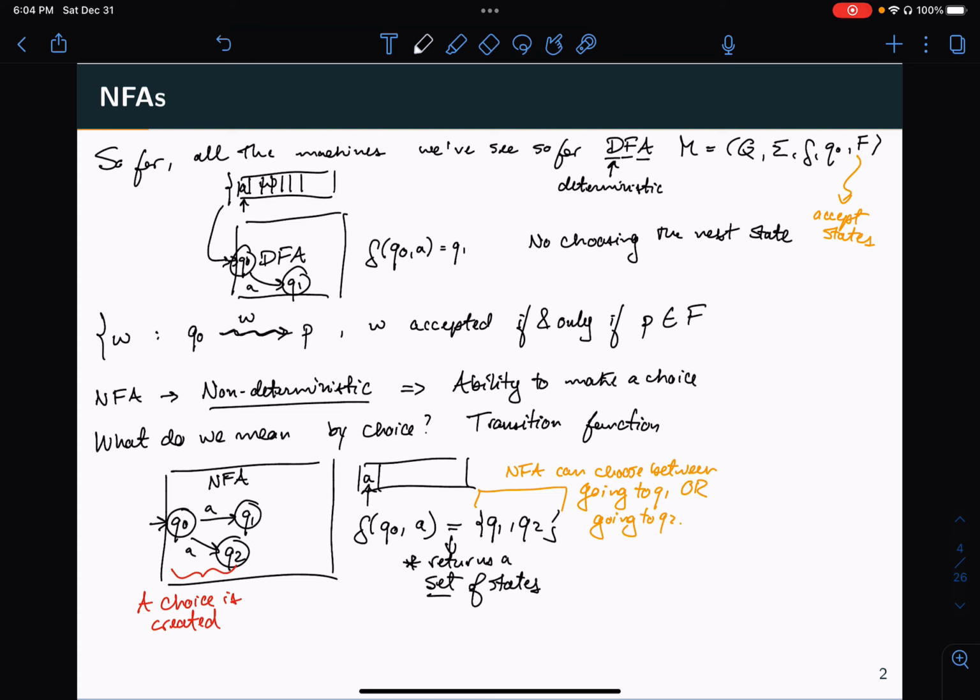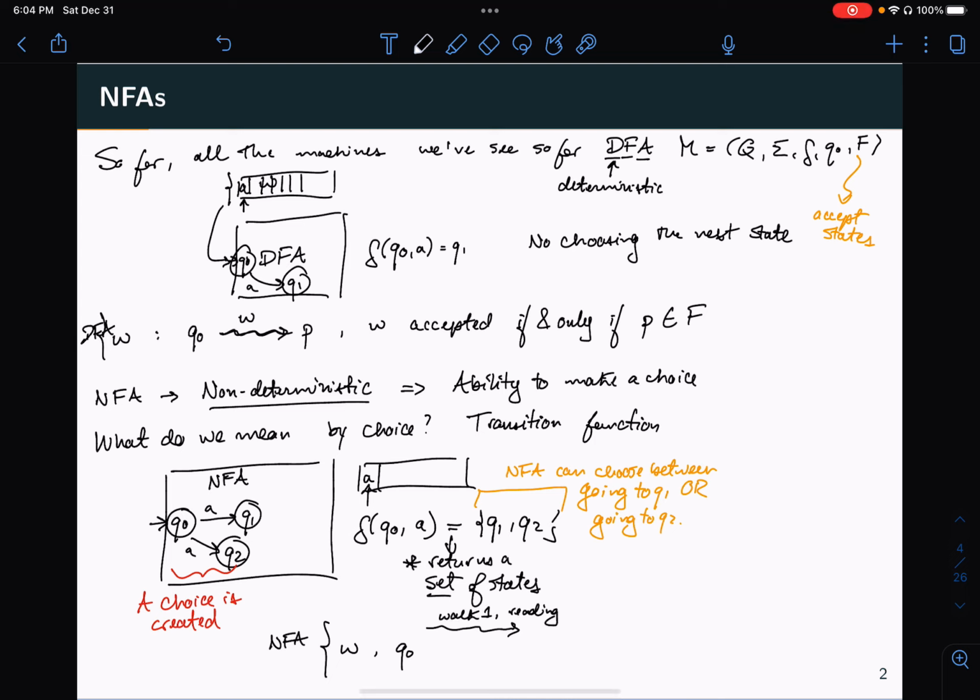So you can imagine this as, instead of this picture where you only had a single walk, and this was for a DFA, for an NFA, if you're reading a string W that started at Q0, your NFA would try all the possible walks. So maybe this is walk 1, reading W, right?